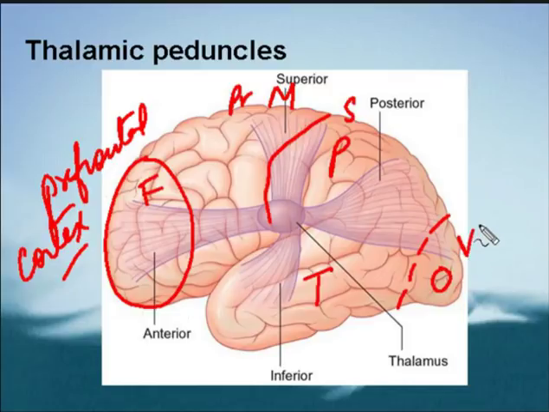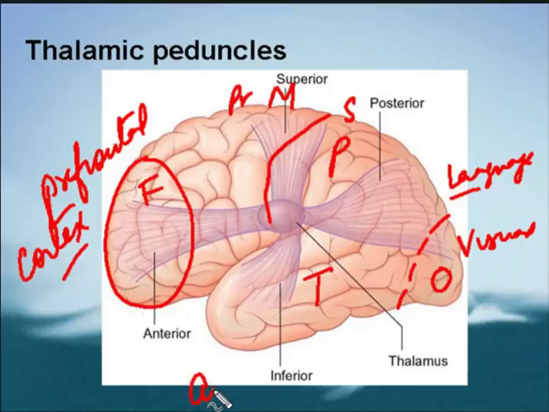So this part here is the visual cortex and the occipital lobe, and up here the posterior parietal area, a lot of it has to do with language and other functions, some of which are related to the limbic system. So again you can see its connection to the limbic system. The inferior thalamic peduncle connects it to the temporal lobe, and in the temporal lobe you have the auditory area.